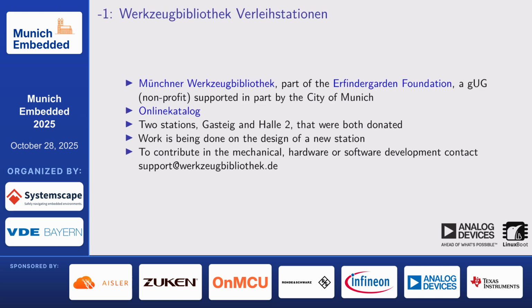It's a nonprofit organization, and they're developing their own rental boxes like you get with DHL or Amazon. They're doing a new design themselves. So if you are a mechanical engineer, an electrical engineer, you like software, I definitely recommend reaching out to them. It's a really good, interesting thing. Even if you just need a tool, you need to drill something in your wall, it's a great place to go.